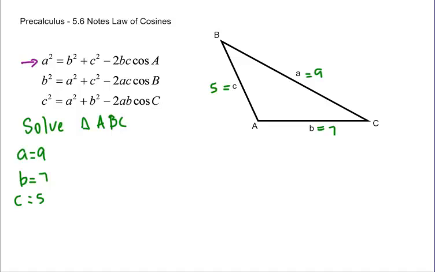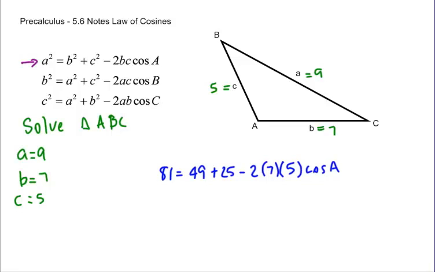So this will be very similar to the way the first example ended. What we'll do is take 81 equals B squared, which is 49, plus C squared, which is 25, minus 2 times B times C cosine A. We'll get an exact answer off of this, which is really nice.